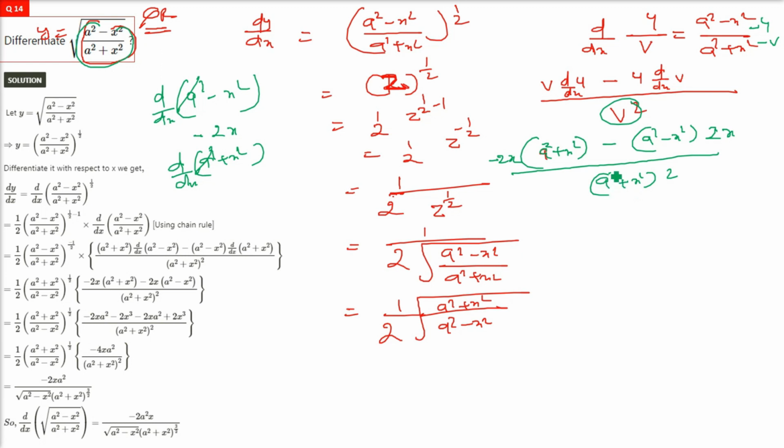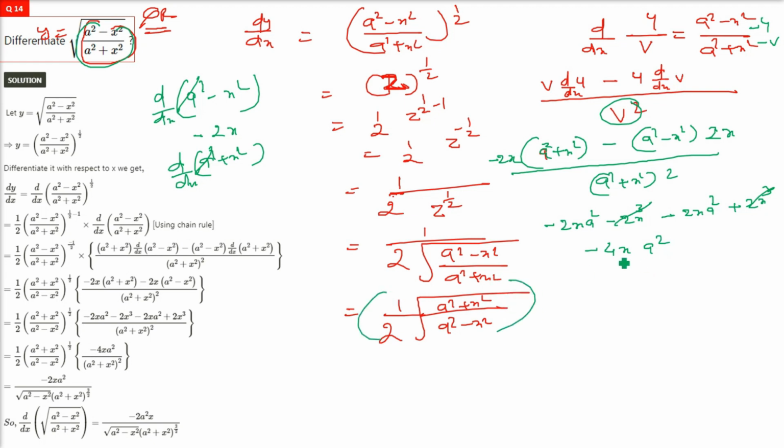I'll be writing the denominator just now. But let us see the numerator first. Minus 2x into a square. Minus 2x into x square, that is minus 2x cube. And then minus 2x a square. Then minus minus become plus. So it is 2x into x square, x cube. So this gets cancelled. You have minus 4x a square.